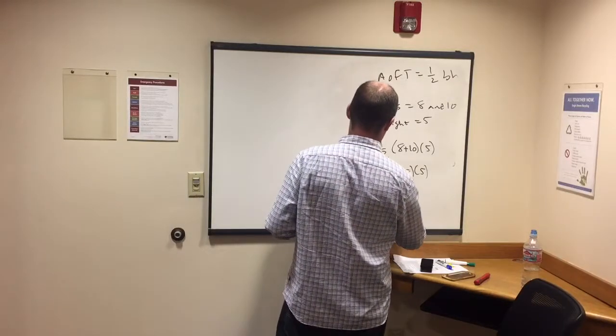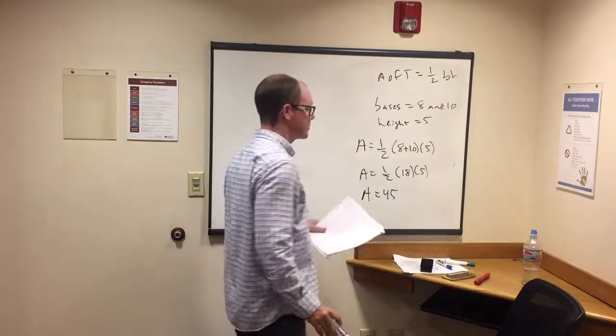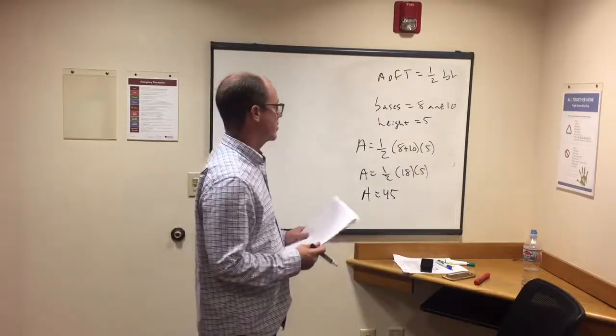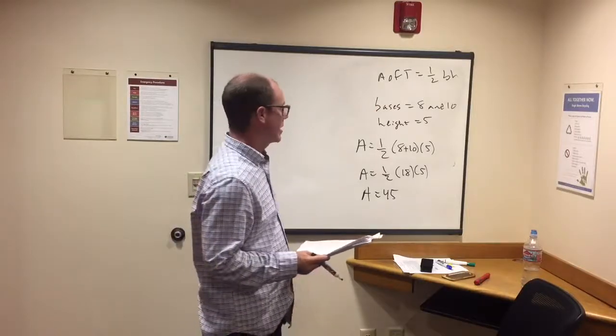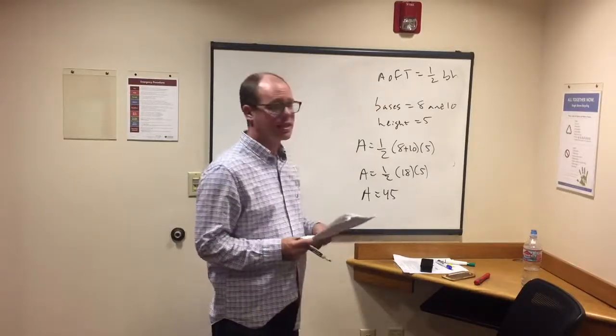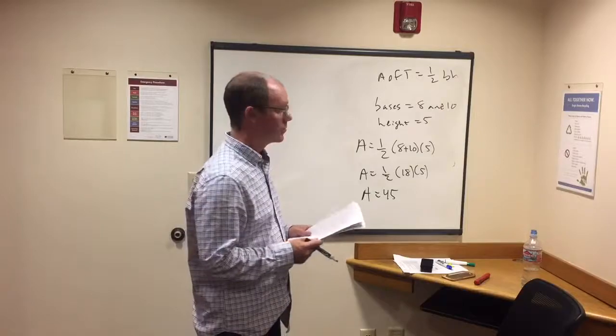So in this case, the area of the trapezoid is 45. The key point to remember is first that you need to know the area of a trapezoid is 1/2 base times height. If they give you more than one base, you just add them together. That's all you've got to know.